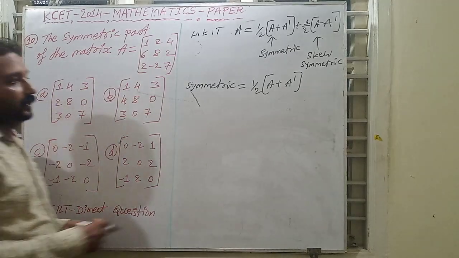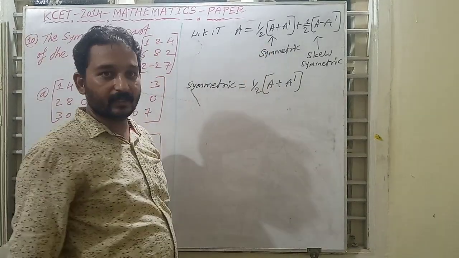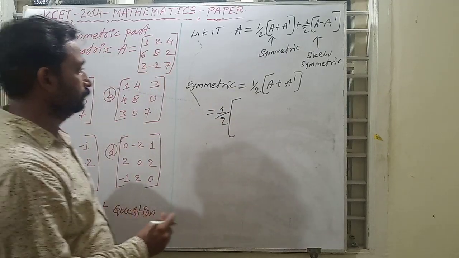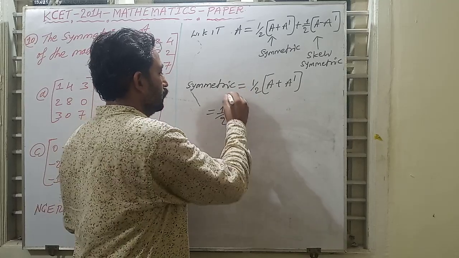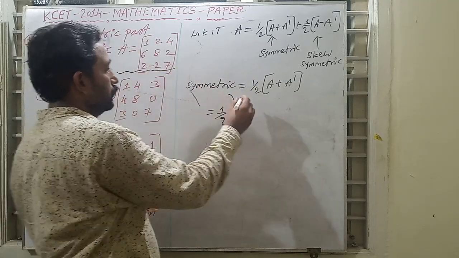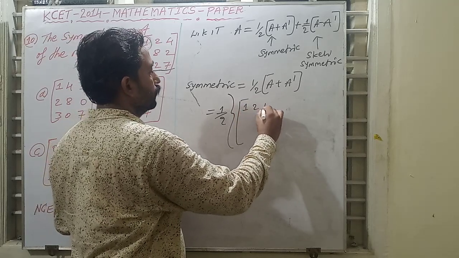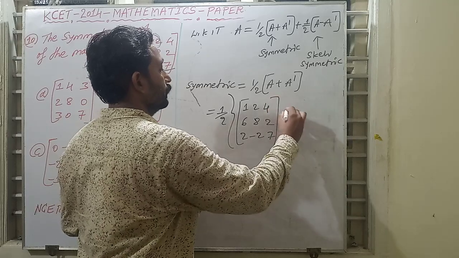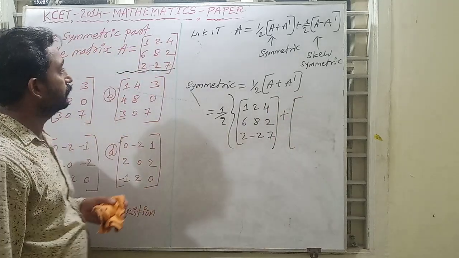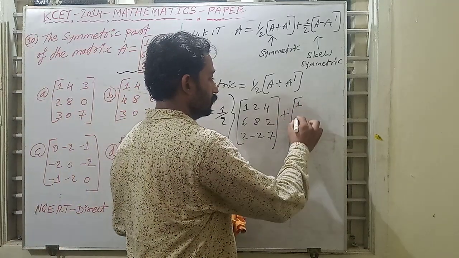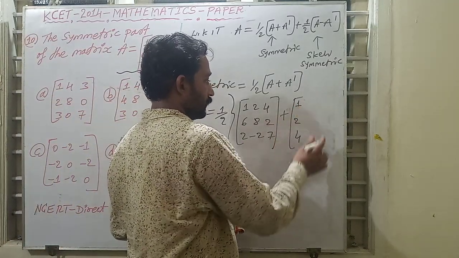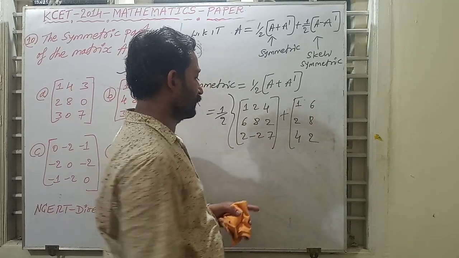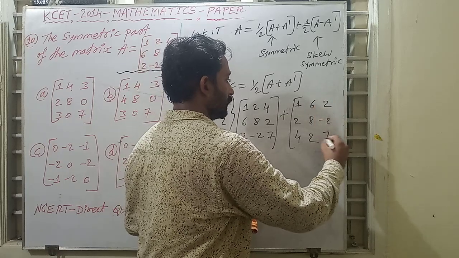Very easy problem. Symmetric part is equal to what? Half of A plus A transpose. So half, A is given: 1 2 4, 6 8 2, 2 minus 2 7, plus A transpose. Rows and columns are interchanged. We get A transpose: 1 2 4 becomes the first column, 6 8 2 becomes the second column, and the third row becomes the third column, 2 minus 2 7.